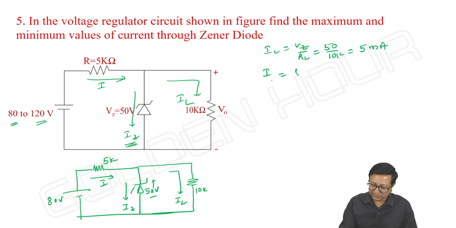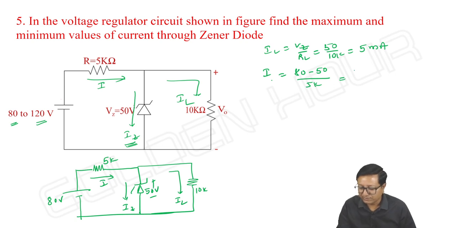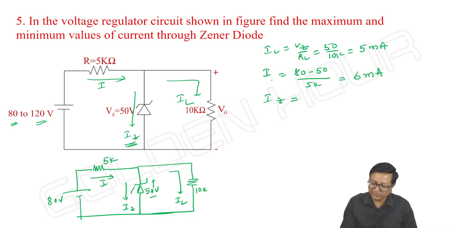Okay. I is equal to (80 minus 50) by 5K. So 80 minus 50, it is 30. 30 by 5, it is 6 milliampere. Then IZ is equal to I minus IL. It is 1 milliampere. Simple.